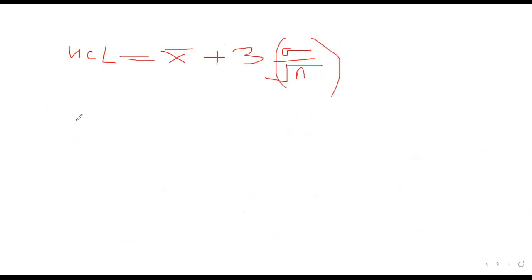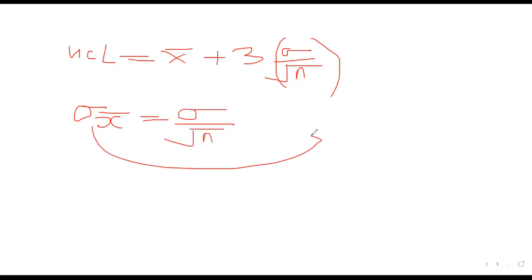Now, this one is called the standard error of the means, which is equal to the standard deviation over the square root of N. All right, so this is the standard error of the means.